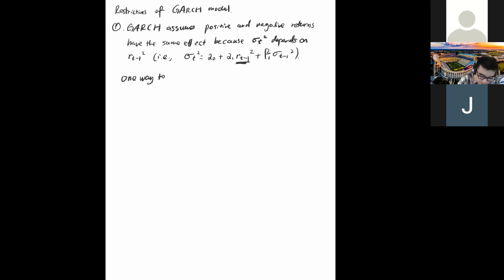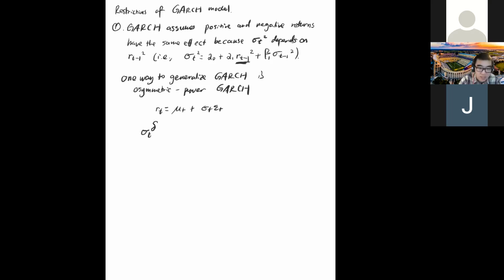One way to generalize GARCH is to consider the asymmetric power GARCH. There are a lot of extensions of GARCH, and each one tries to deal with some of the GARCH problems. So what is the asymmetric power GARCH? It is written as this: mu_t plus sigma_t epsilon_t.